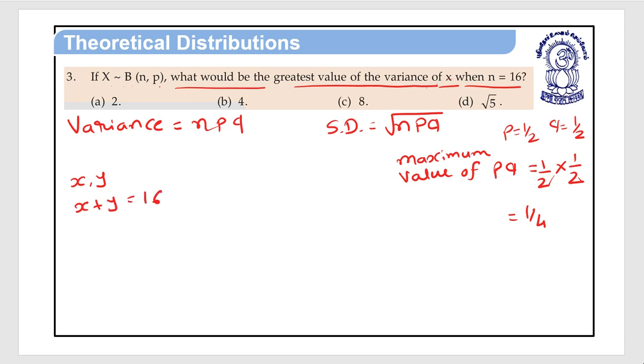There is a combination: 1 plus 15 is equal to 16, 2 plus 14 is equal to 16, 3 and 13, 4 and 12, 5 and 11, 6 and 10, 7 and 9, then 8 and 8. The rest repeat, so there is no need to write them.